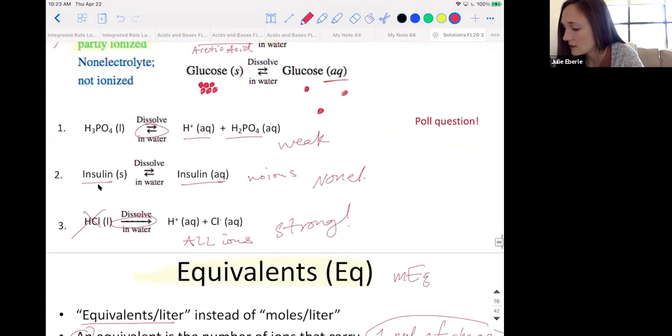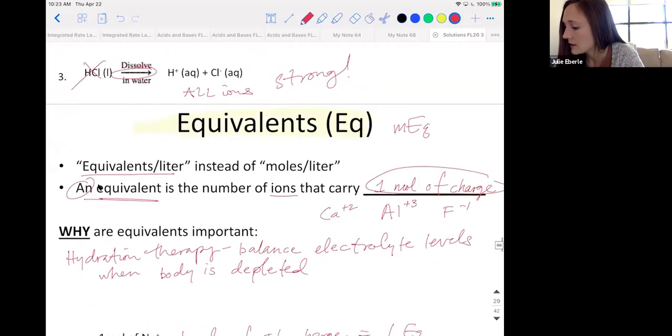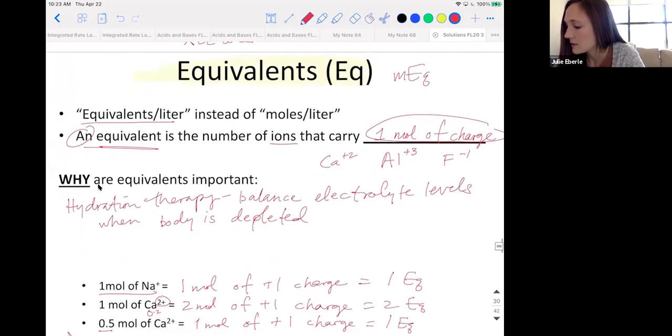Electrolytes, remember how to distinguish between strong, weak, and non-electrolytes. But here's where we talked about equivalence. We're looking at the number of ions that carry 1 mole of charge. So what's really important to us is not the identity of the ion, it's the associated charge on the ion.